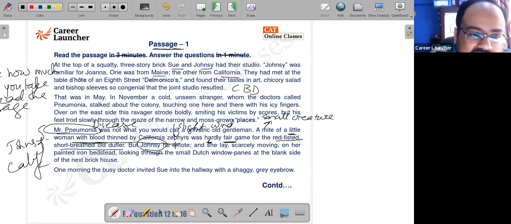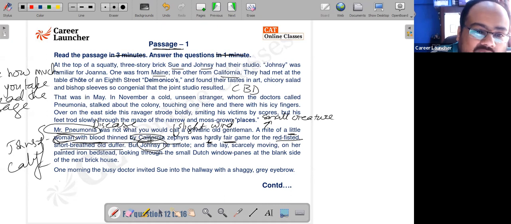And why was Pneumonia stronger than the woman? Because in case of the woman, it says blood thinned by California zephyrs. So here I can assume that this woman has come from California. Why? Because only if she's from California can I say that blood thinned by California zephyrs. So I can safely say that this woman is from California.